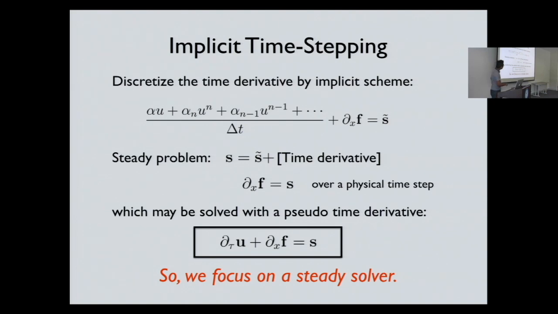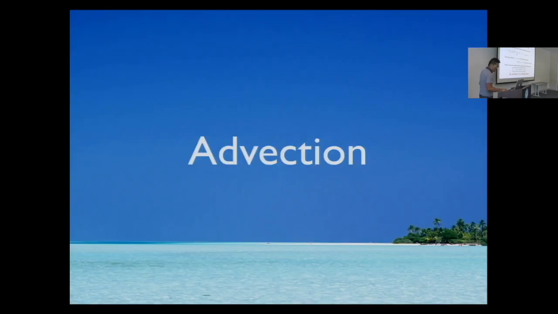If we apply some explicit time stepping in the pseudo-time, we will have a dual time stepping algorithm. But you don't have to keep this pseudo-time. You can simply drop it after you discretize and directly solve the global coupled system. So we focus on the steady solver, but I will show results for unsteady problems.